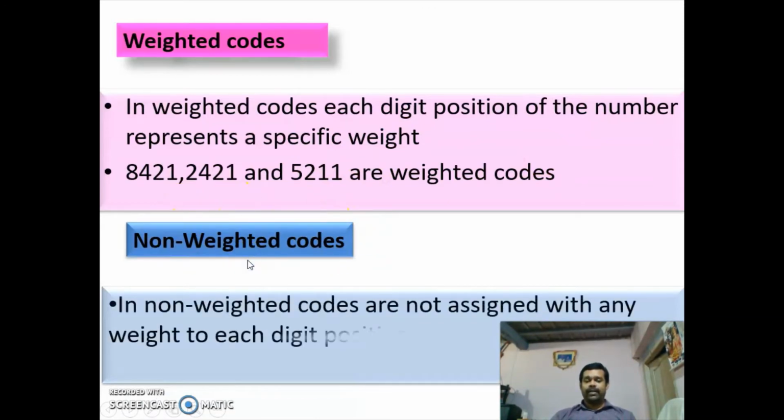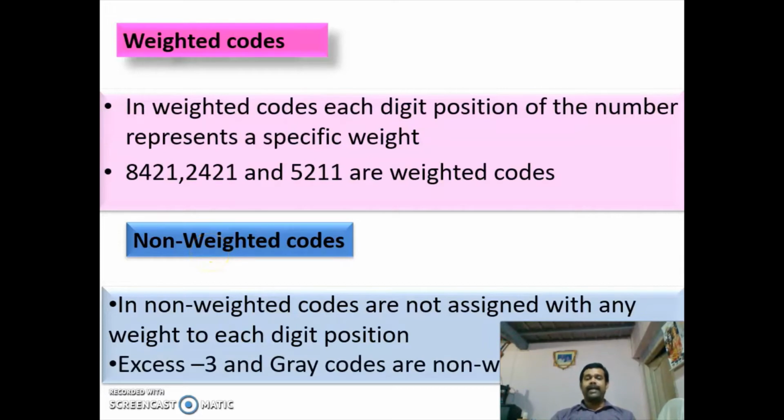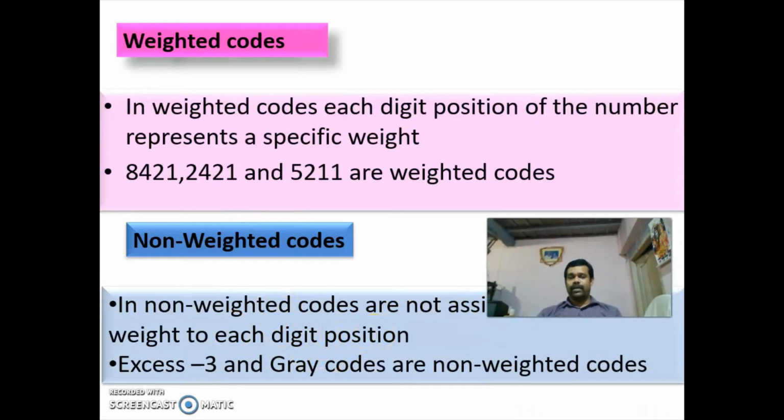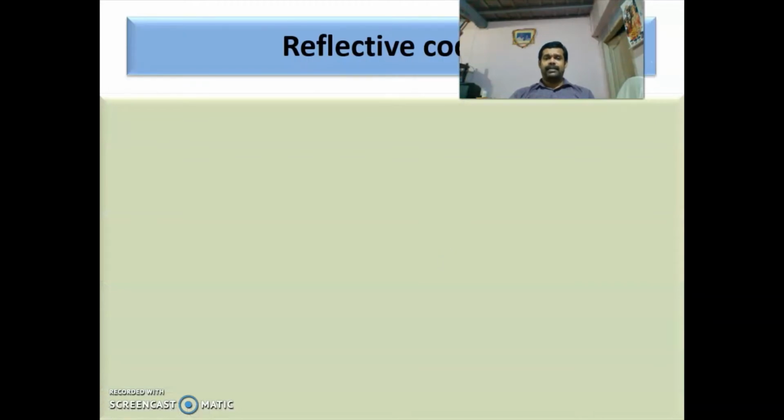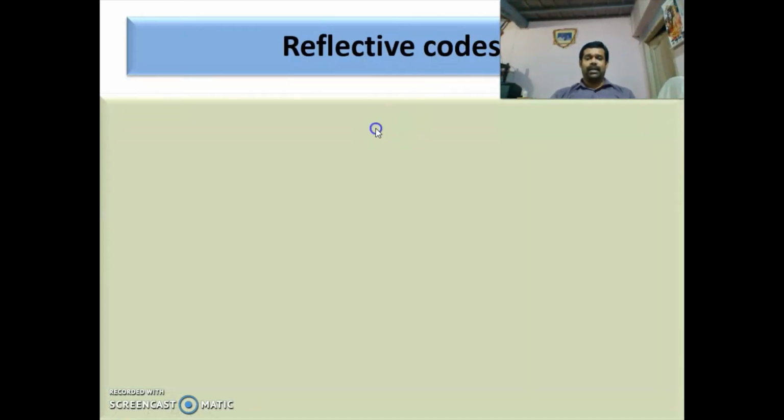In non-weighted codes, the positions do not have any weight. Examples of non-weighted codes are XS3 code and gray code.